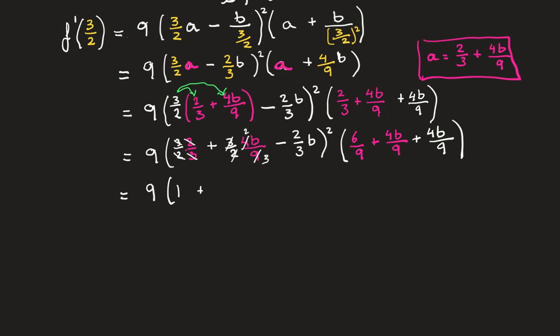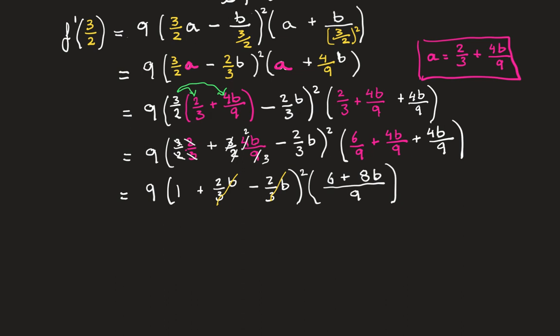So we will have now 2/3 of b minus 2/3 of b, and in here we'll have 6 plus 8b over 9. Now it's clear that 2/3 b and 2/3 b will cancel.